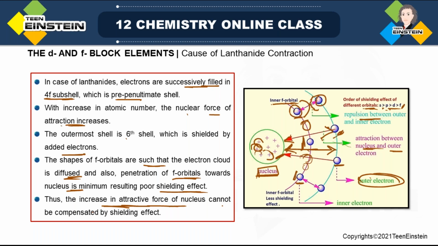It cannot be compensated by the shielding effect, because this effect is very, very poor. Okay, so is it clear why lanthanide contraction actually happens? The main reason is that the shielding effect of f orbital is very poor. Okay, any doubt?